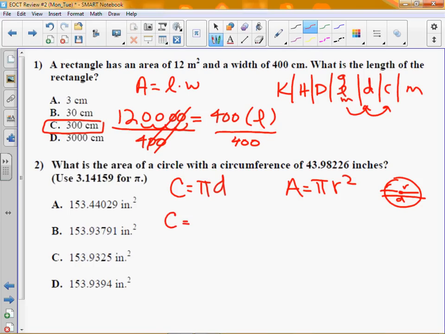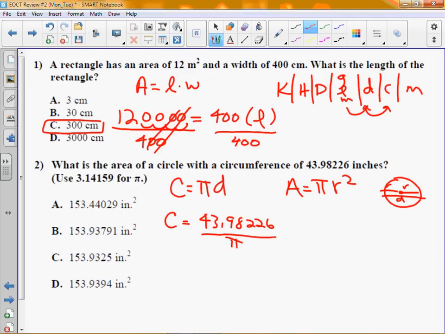So if 43.98226 is my circumference, then to find the diameter, all I have to do is take this value right here and divide it by pi.